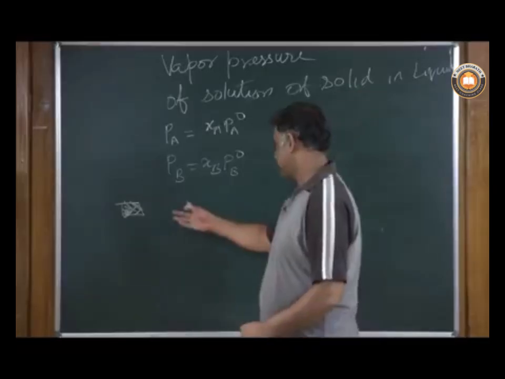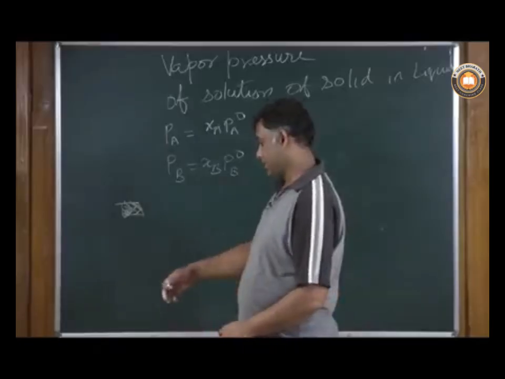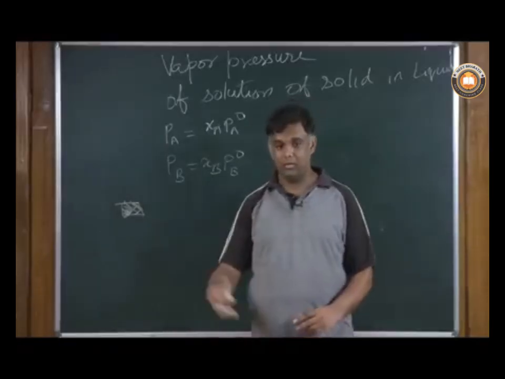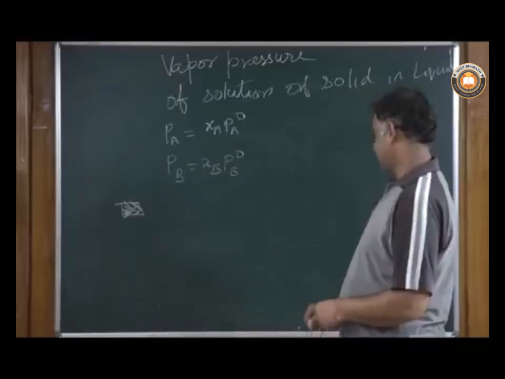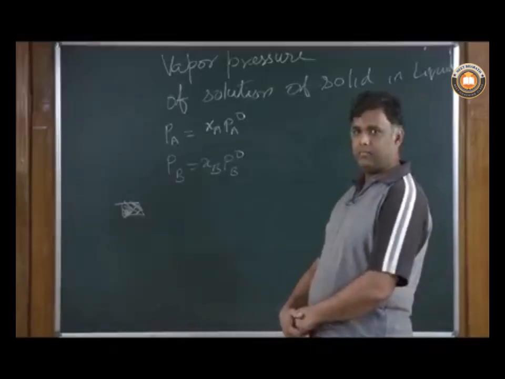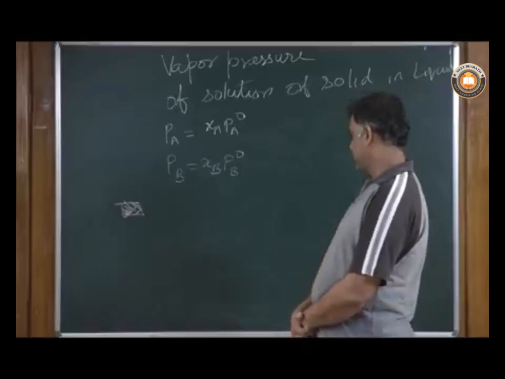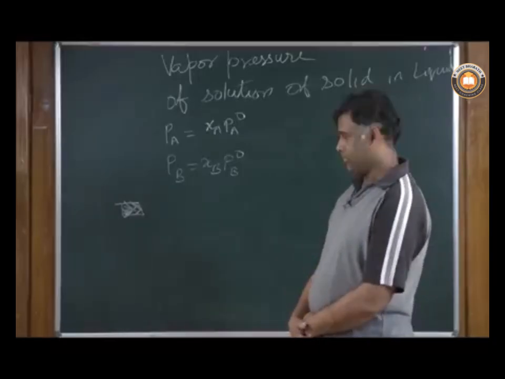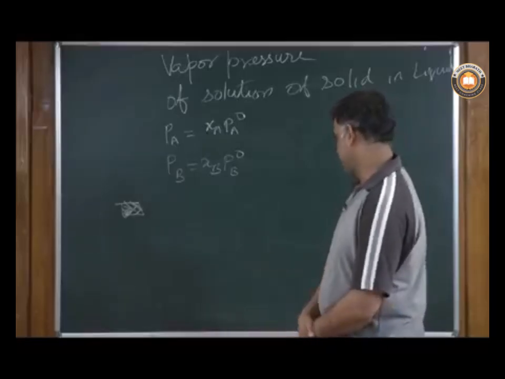If I leave alcohol or a liquid, it is going to pretty much evaporate after some time, but if I leave a solid, let us say this table or a metal object, it is not going to evaporate in my lifetime. So, of course, there are some solids which will evaporate, but most of them not.